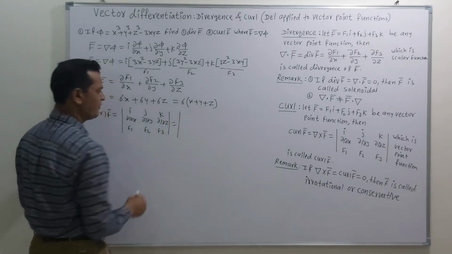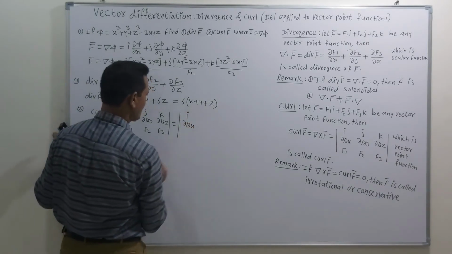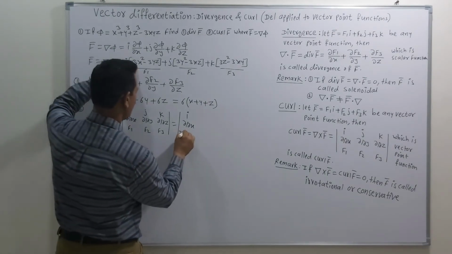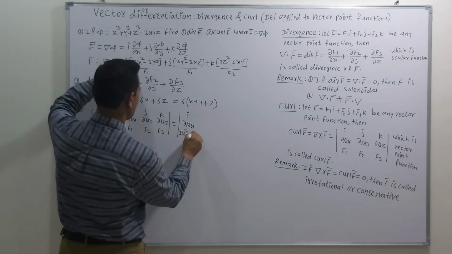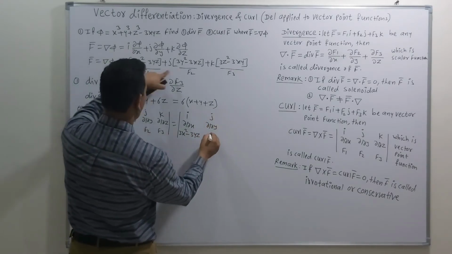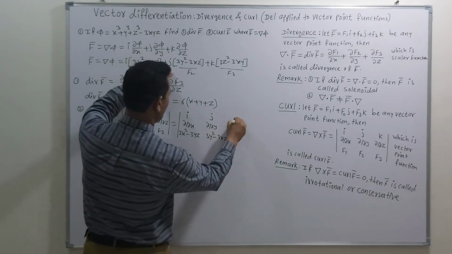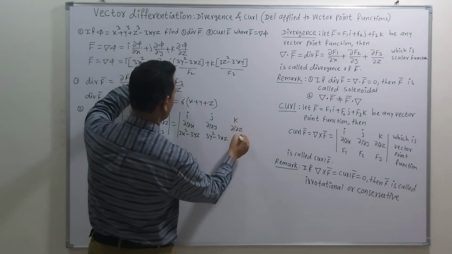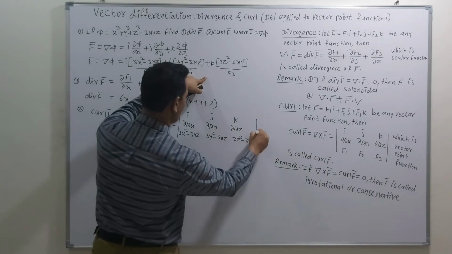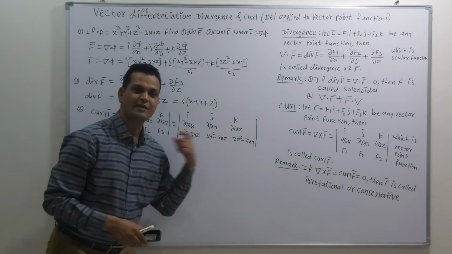So the value of f1 here is 3x square minus 3yz, then j, partial derivative with respect to y of 3y square minus 3xz, k, partial derivative with respect to z of 3z square minus 3xy. Now to find the curl of a vector means to find the determinant of this term.